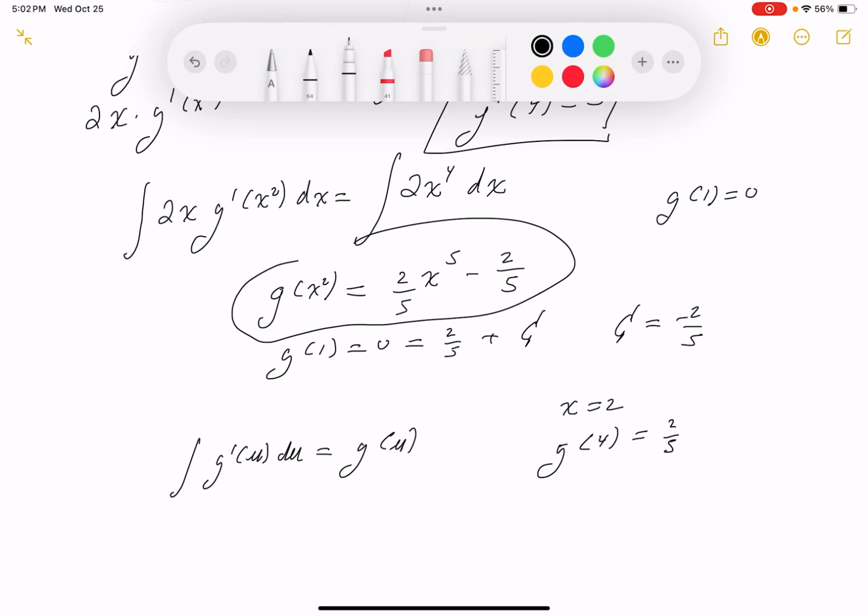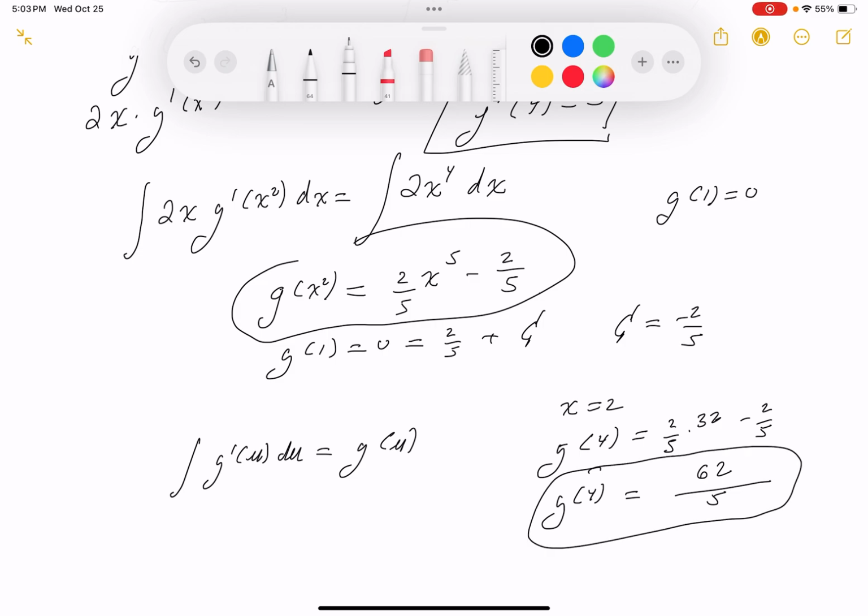And what's 2 to the 5th power? Let's see, 2 times 2 is 4, 8, 16, 32. And then it's going to be minus 2/5. Let me do that arithmetic. It's coming down to 5. Let's see, 2 times 32 is 64. 64 minus 2 is 62. So it's going to be 62/5. So g of 4 is 62/5.